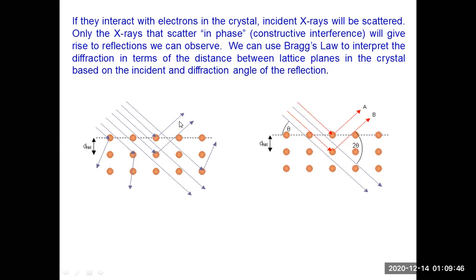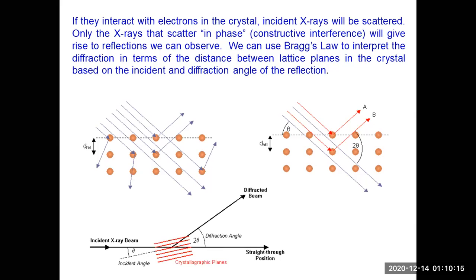When I compare the first X-ray with the second X-ray, they are in phase. Only if they are in phase will the interference pattern be constructive, and this will give us the different reflections.